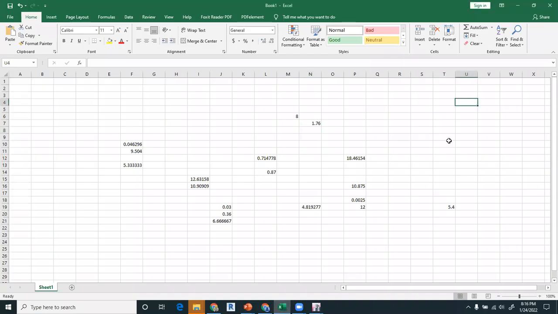Let us perform this calculation: 1.76 divided by 12 into 21.75.